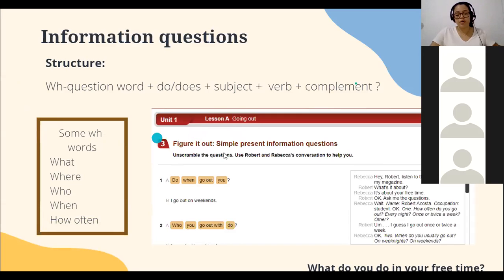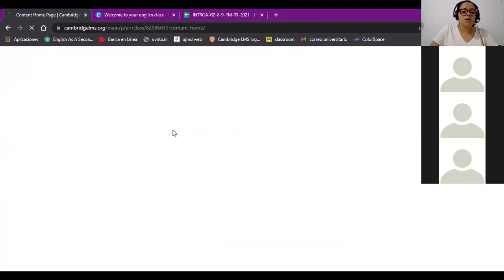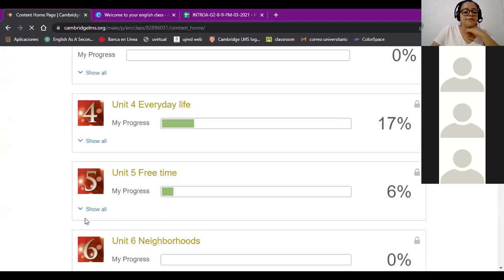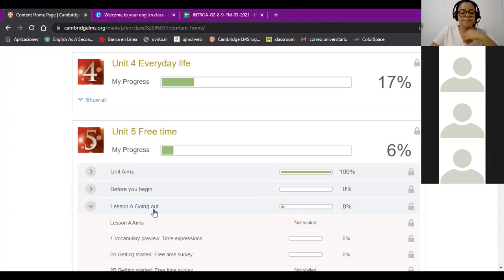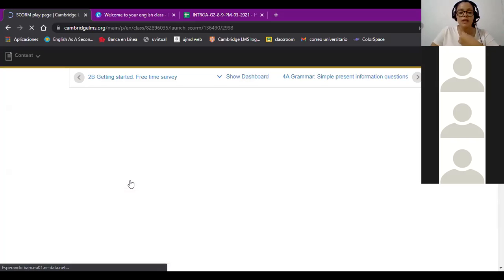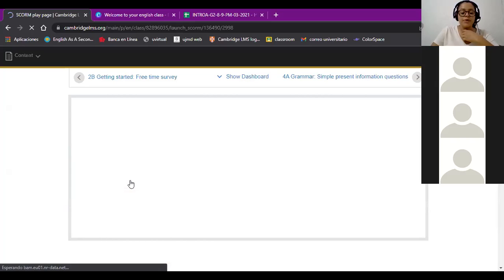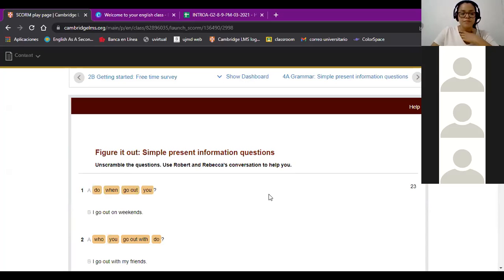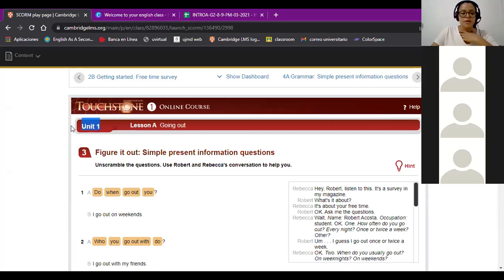Let's practice in our book. Let's go to the book, Unit 5, Lesson A, number 3. No sé por qué dice Unit 1 aquí.